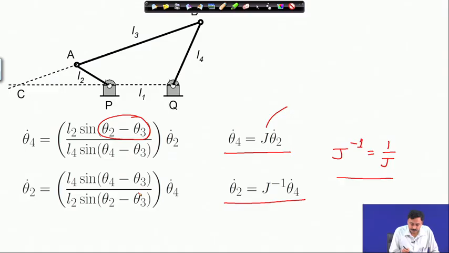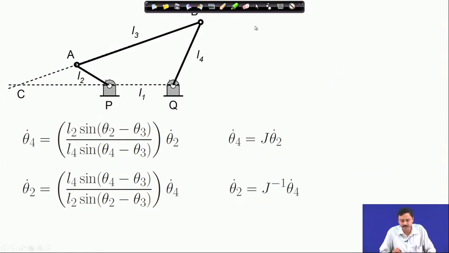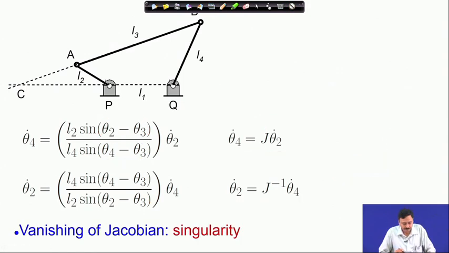If it so happens that theta 4 and theta 3 are such that sine of theta 4 minus theta 3 is 0, then the Jacobian is infinity, or the Jacobian inverse is 0, which is another problem. So, what are these problematic configurations? There are very special configurations at which such conditions are met. Vanishing of the Jacobian is called the singularity of the kinematic chain or the mechanism.